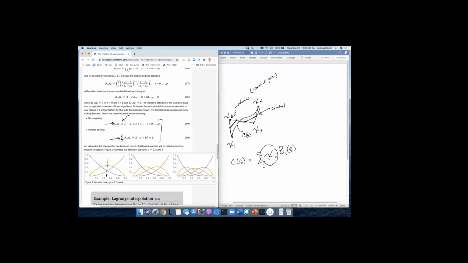As you refine, the control mesh gets closer and closer to the curve. And that's coming from this non-negativity and partition of unity property.